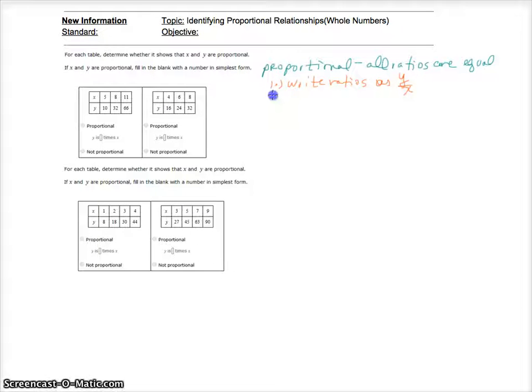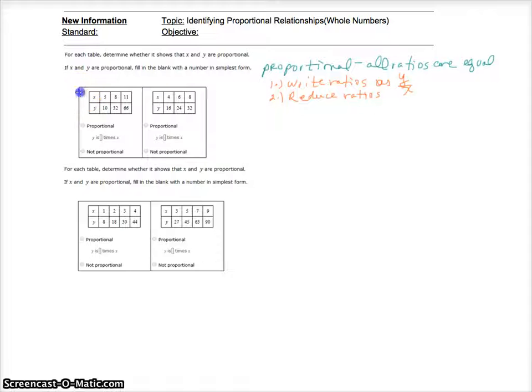And then we must reduce the ratios. And that'll tell us if they're all the same or not. So let's start by writing our ratios in y to x form.